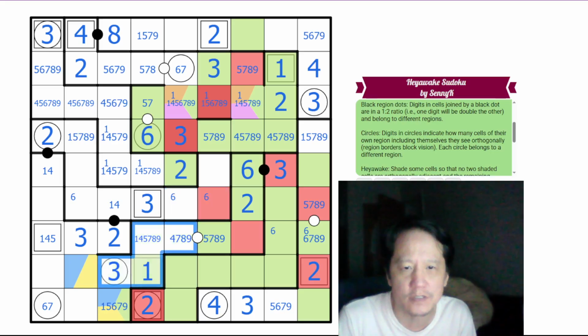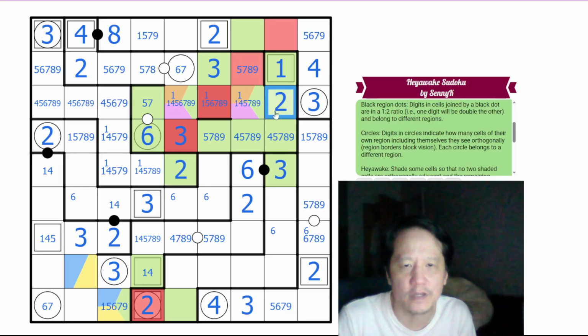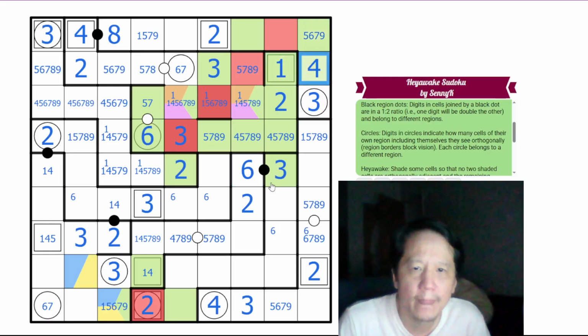So this cannot be shaded here. This is unshaded, which means this must be shaded there, which means this is unshaded. This is unshaded to connect orthogonally. I think it's because this was shaded, which forced this to be unshaded, right?